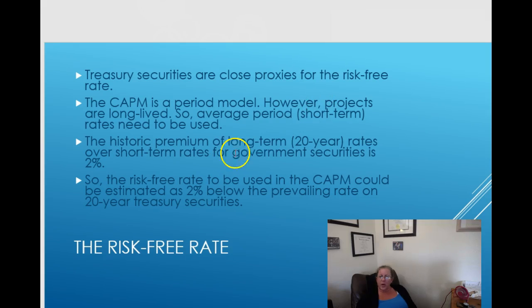The historic premium of long 20-year rates over short-term rates for government securities is 2%. So the risk-free rate to be used in the CAPM could be estimated as 2% below the prevailing rate on a 20-year Treasury security.